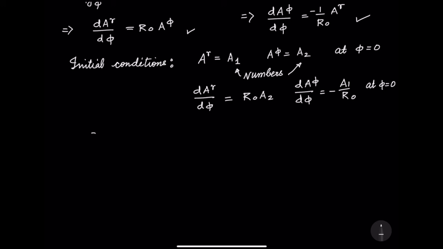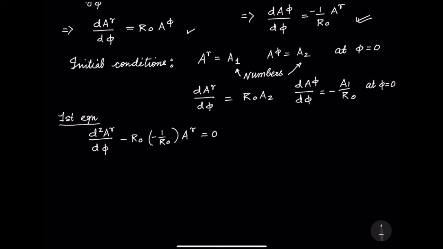And it's not difficult to see that I can take the second derivative of Ar with respect to phi, and that will give me minus R naught times dAphi/dphi, which we can write from here as minus 1 by R naught times Ar, and that equals 0.